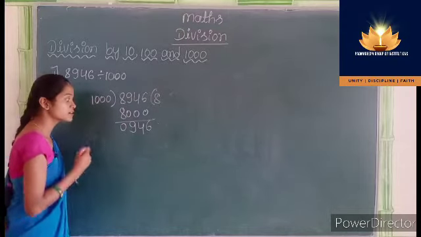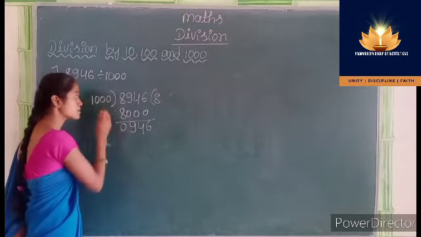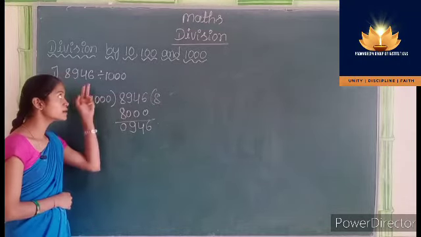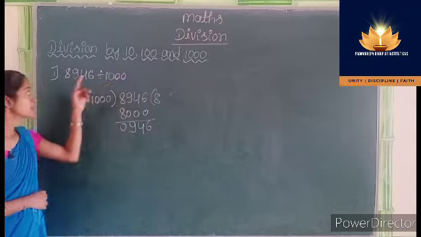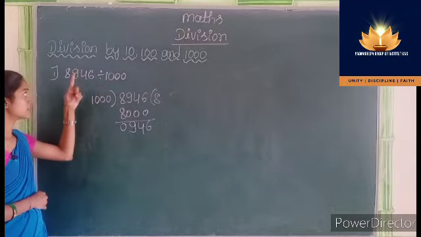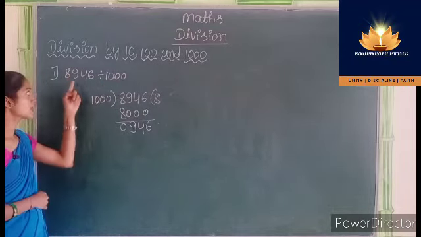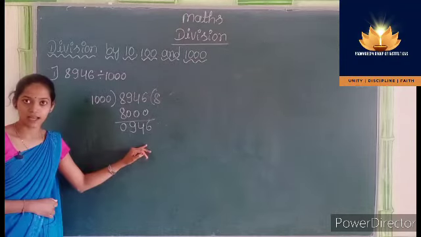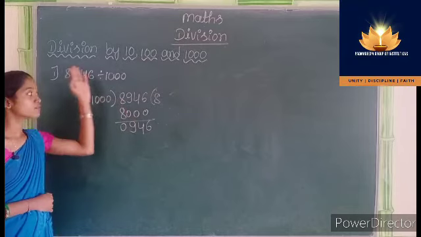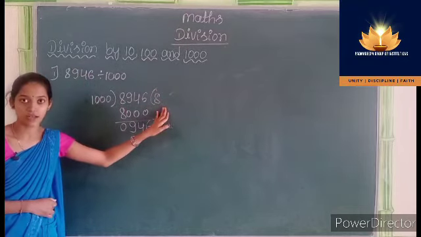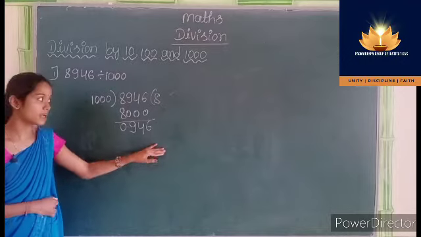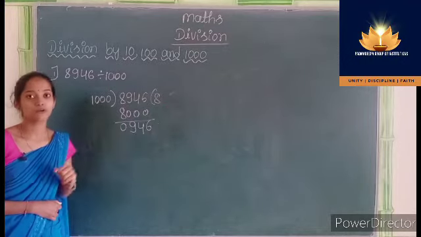So we cannot divide 946 by 1000. Students, when we divide a number by 1000, the ones place digit, tens place digit and hundreds place digit form a remainder, and the remaining number will form a quotient. So here we get 946 as a remainder and 8 as a quotient.